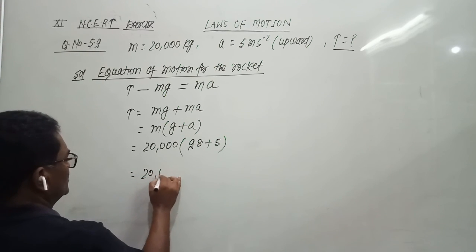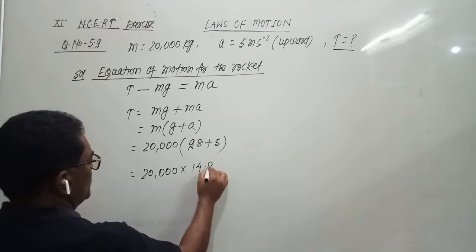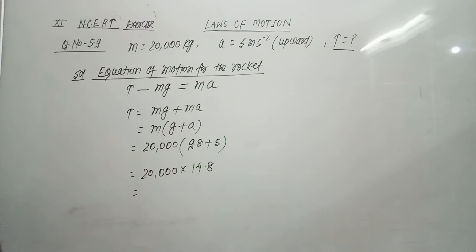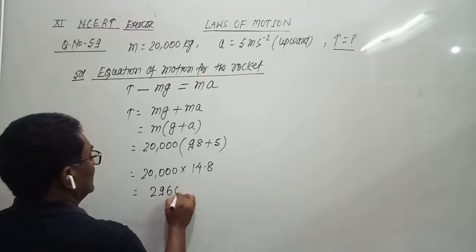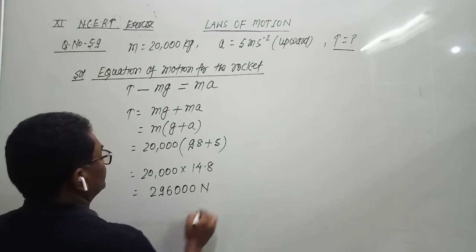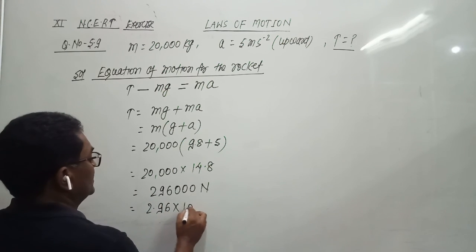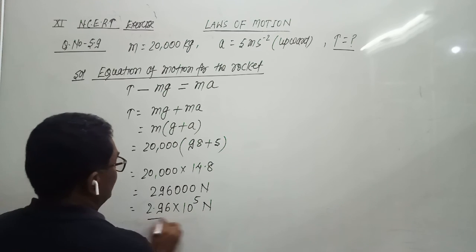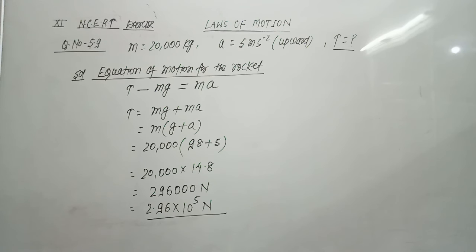So 20,000 into 14.8, and that is 296,000 Newton, which is also written as 2.96 into 10 raised to the power 5 Newton. So this is the thrust acting on the rocket when it is blasted in the upward direction.